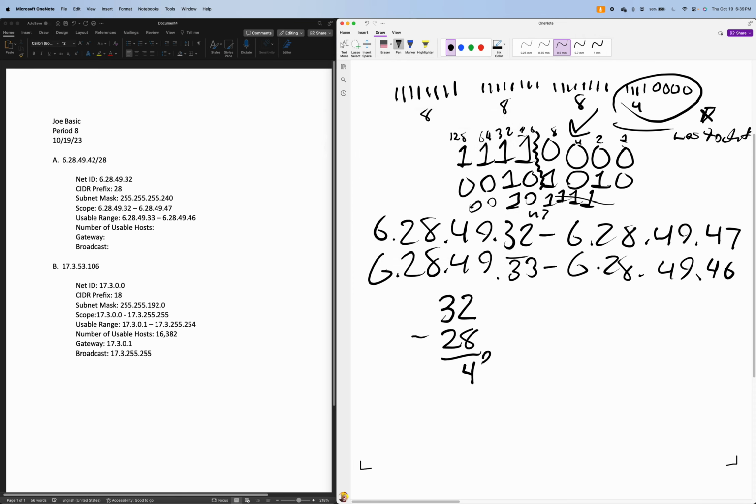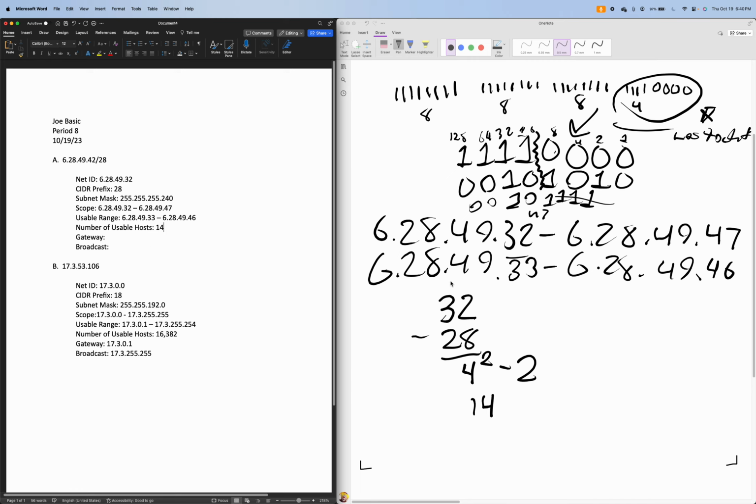And now we do 2 to the fourth power. The equation you have to use is 2 to the power of your difference, minus 2, which gives you 16 minus 2, which gives you 14. So your number of usable hosts will be 14.